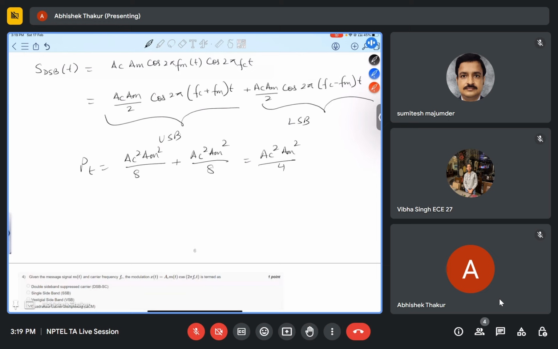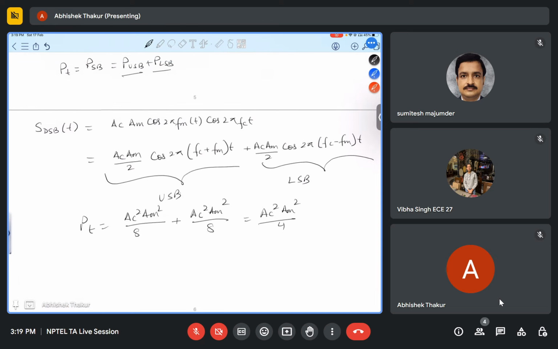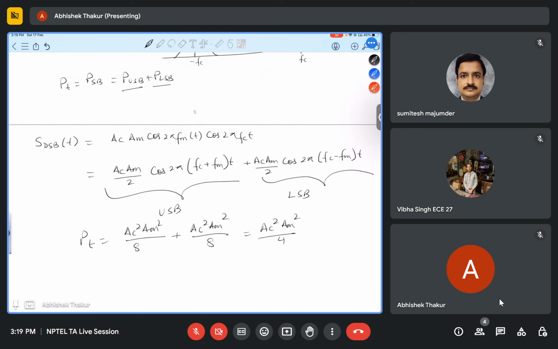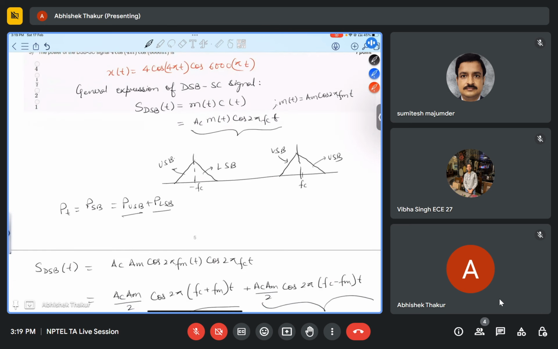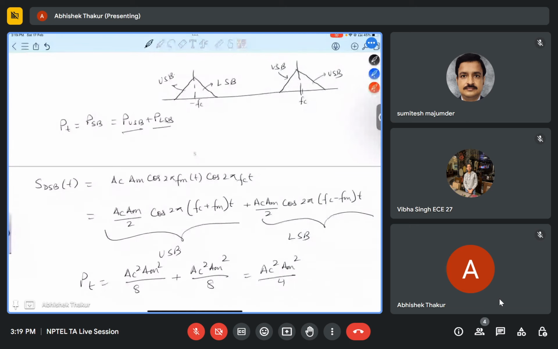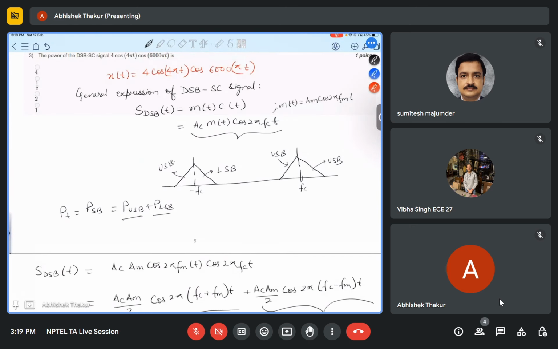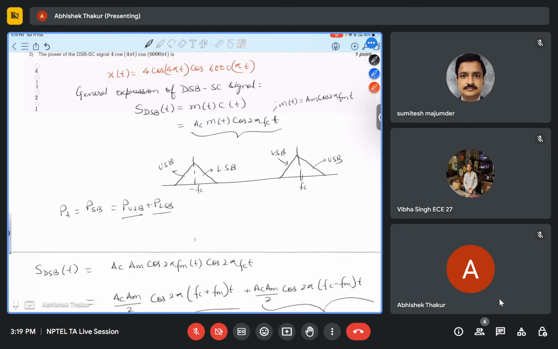So in this question, it is given 4 cos 4 pi t and cos of 6000 pi t. So this 4 is the value of Ac Am.